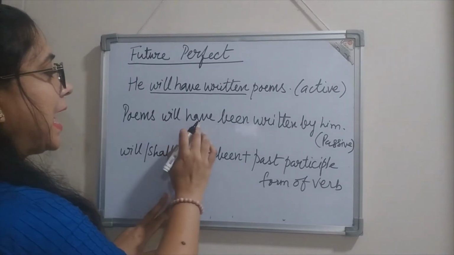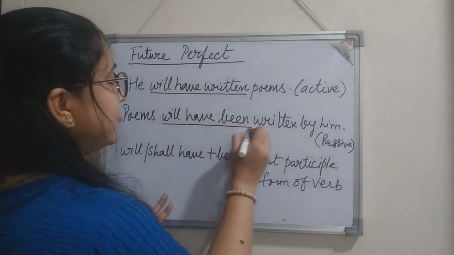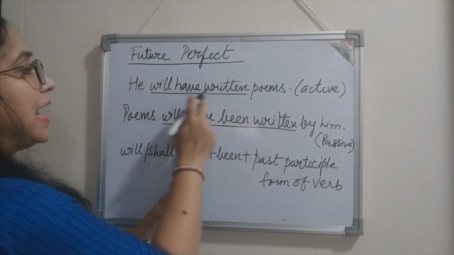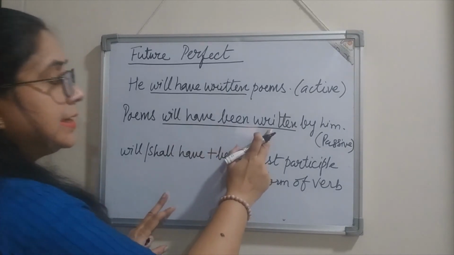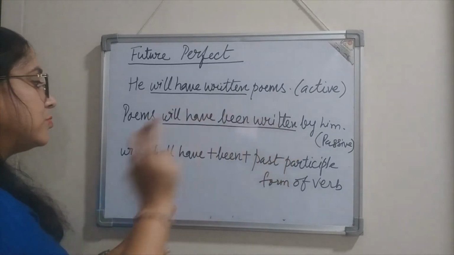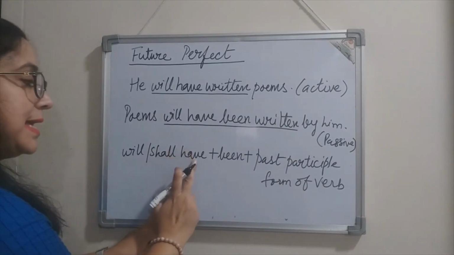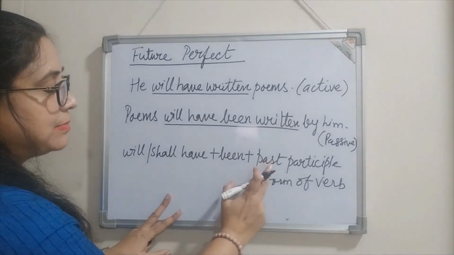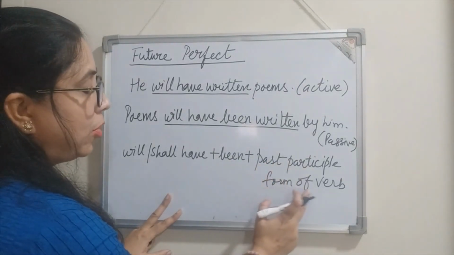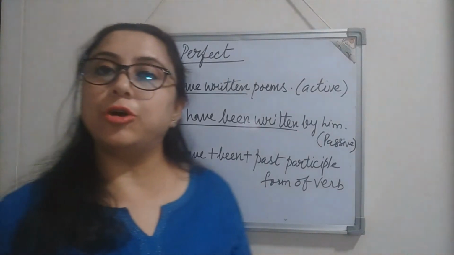Poems will have been written by him. So will have been written. Will have written becomes will have been written in the passive form, right? So what is the basic structure? Will or shall, then have plus been plus the past participle form of verb, right? So I hope this much is clear to all of you.